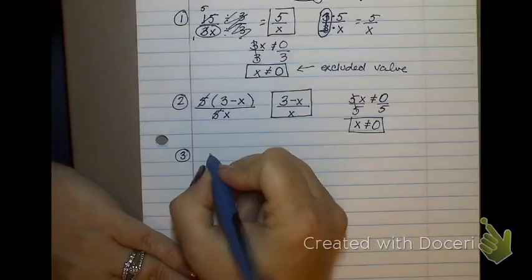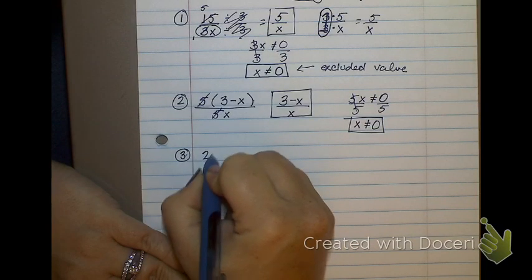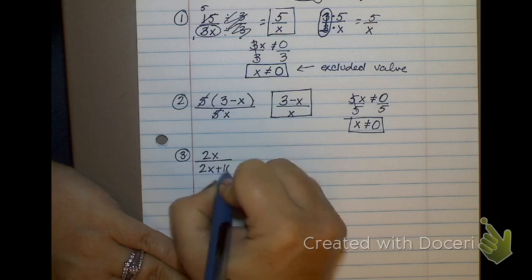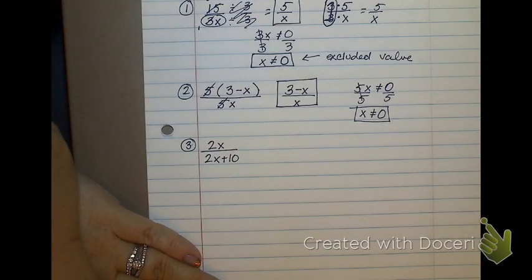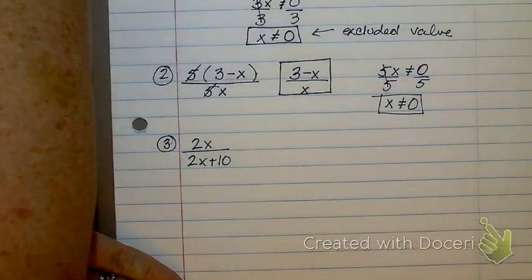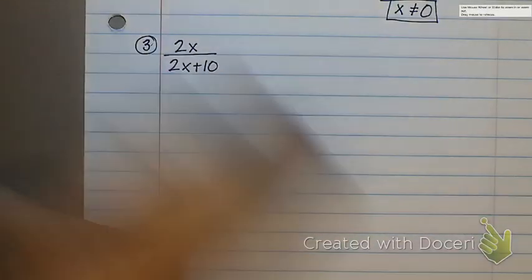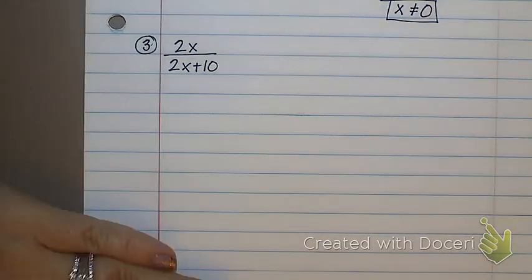All right, next one. Two x over 2x plus 10. Can I cancel out the 2 x's?